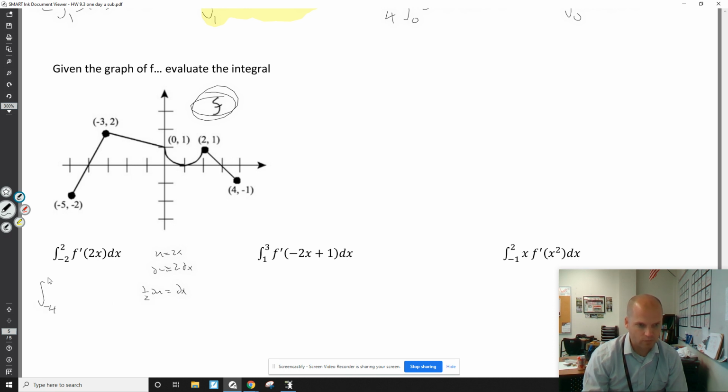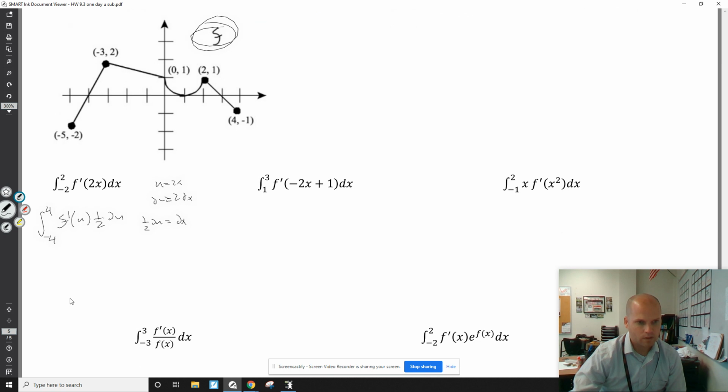This is -4 to 4 of f prime of u times 1/2 du. The antiderivative is 1/2 f of u plus c. Don't need it, from -4 to 4. Or what I got originally was the 1/2 f of 2x plus c from -2 to 2.